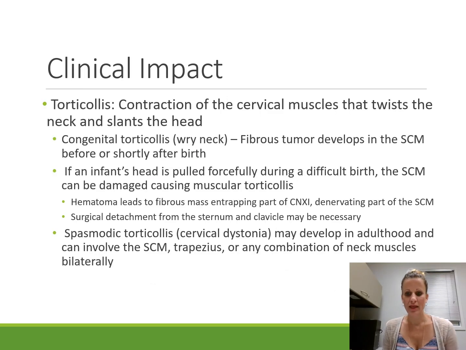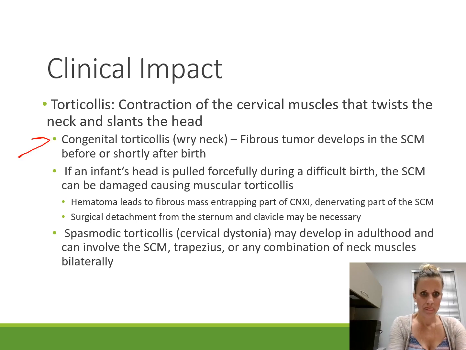Torticollis is a condition that has multiple different causes, but ultimately it results in some abnormal pairing of the contraction on either side of the neck. So it results in the head twisting, right, the chin twisting to the side, and the face tilting up like this. Congenital torticollis is the most common form, and it occurs when there's a fibrous tumor that develops in the sternocleidomastoid.